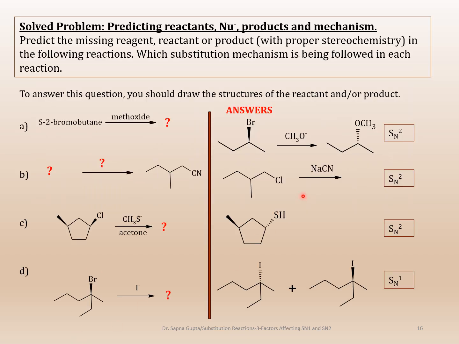And then here are some problems. Here we have some starting materials. Predict the missing reagent, reactant, or product with the proper stereochemistry in the following reactions. Always write chemical structures. Do not give me the names when you're doing these problems. Make sure you draw the structures. I have to say that because some people just write the names and I don't want the name.